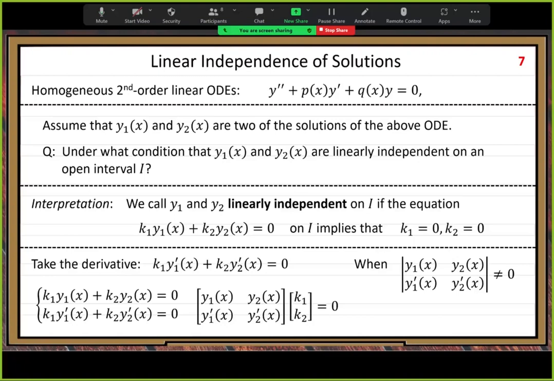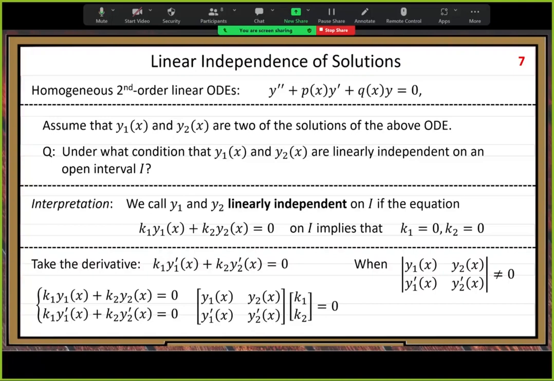Because we want to check the linear independence condition, we would like to see the determinant of its coefficient matrix not equal to 0.